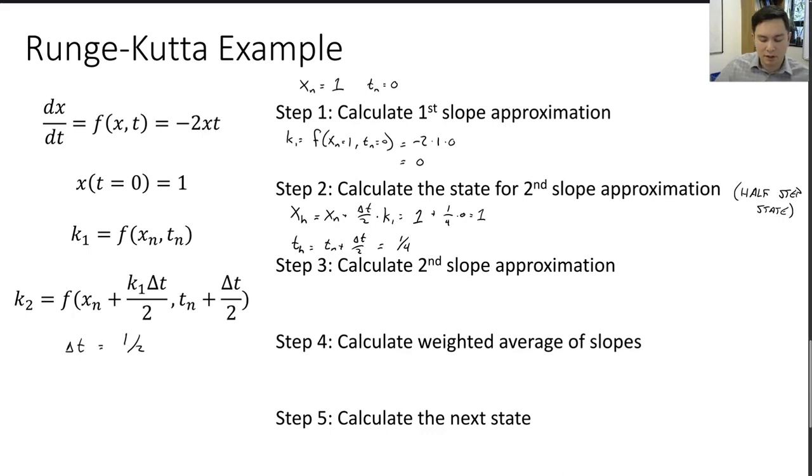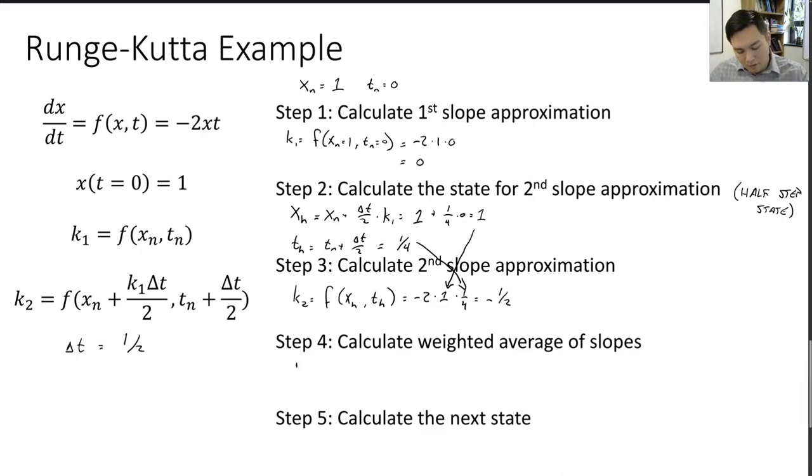We can perform our second slope approximation, so k2 is equal to f of x sub h and t sub h. So it's going to be minus 2 times 1 times 1/4, where the 1 comes from our x sub h and the quarter comes from our t sub h. That's going to be equal to minus 1/2.